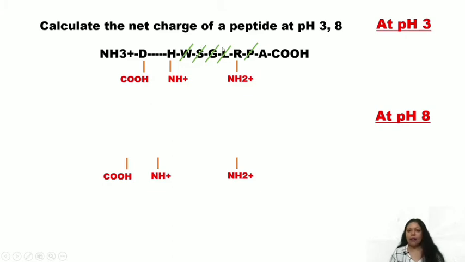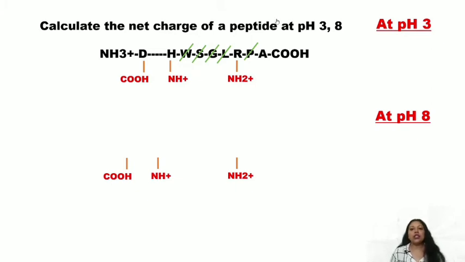Okay, and there are many amino acids in this peptide. So if you are given a very long peptide like this, just don't worry about it, because not every amino acid will take part in the ionization.